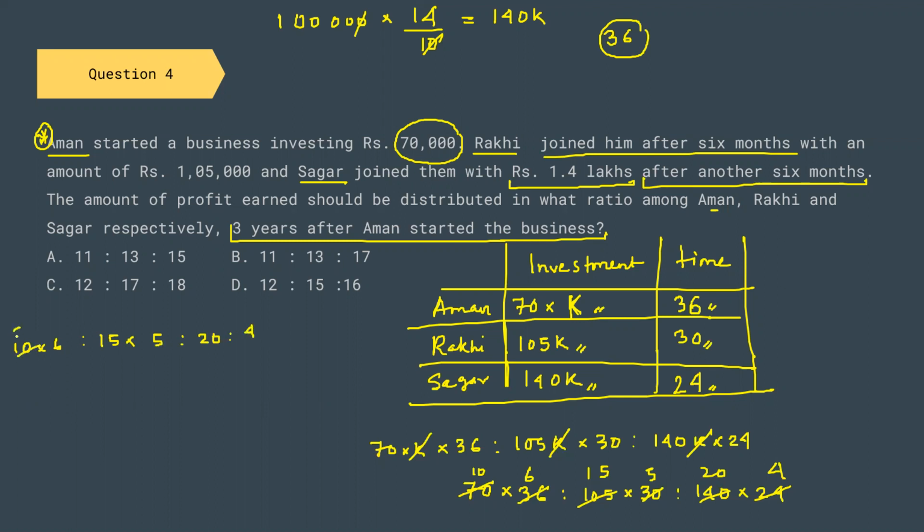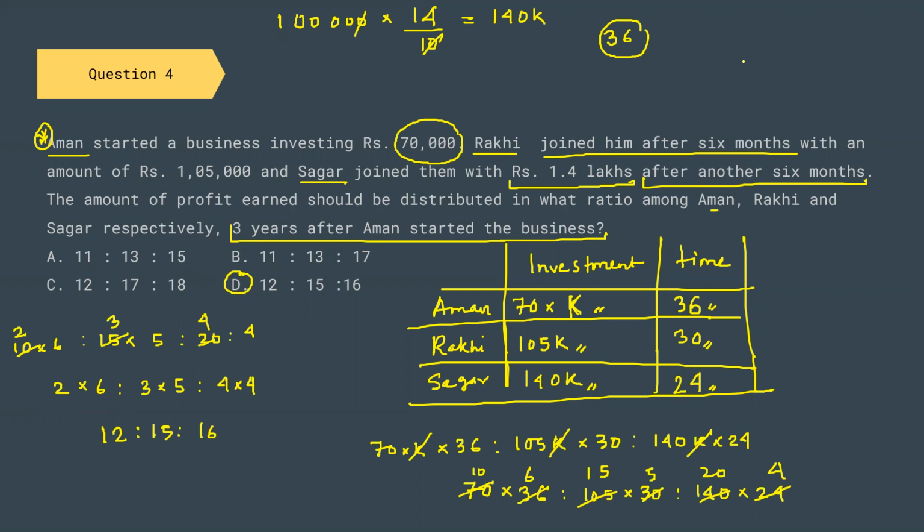So this is 2, this is 3, this is 4. So this is 2 into 6 is to 3 into 5 is to 4 into 4. I don't think it can be further reduced. So the final ratio is 12 is to 15 is to 16. So the correct option is option number D.